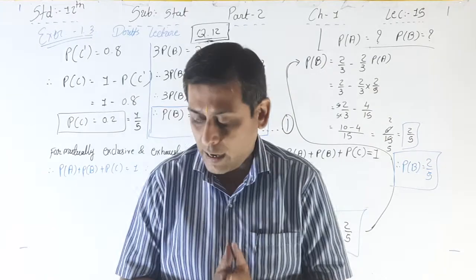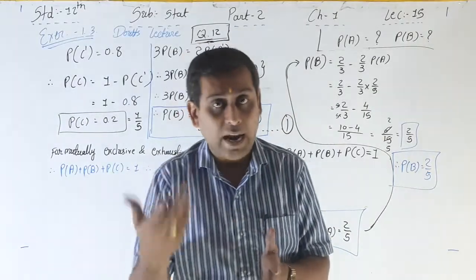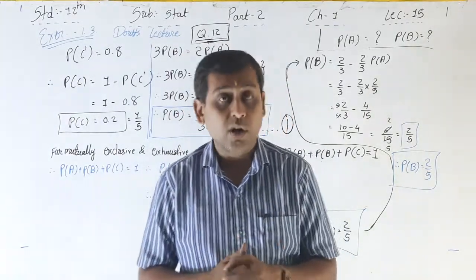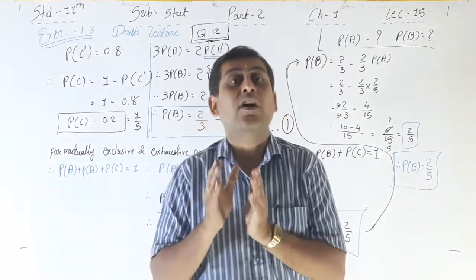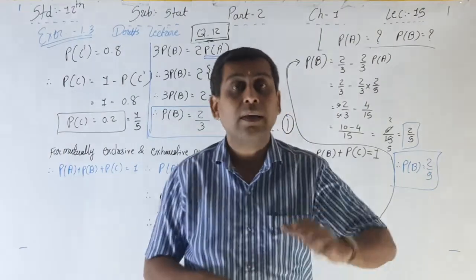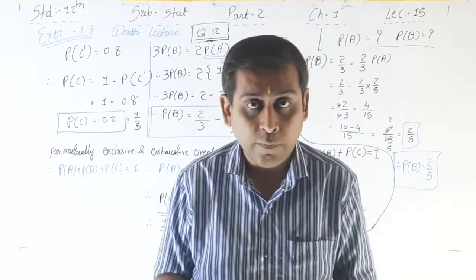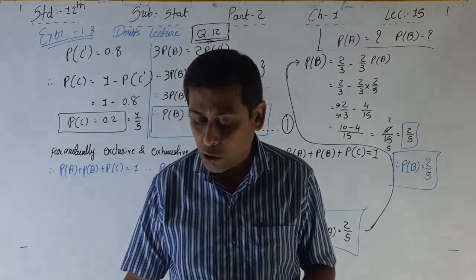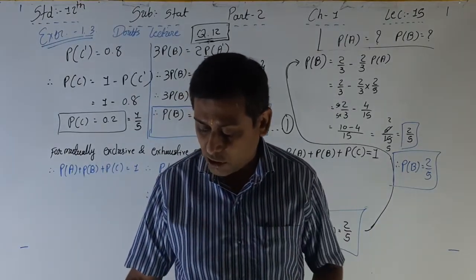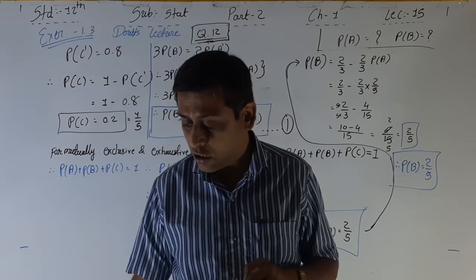There is no homework, only you have to complete this exercise, that is exercise 1.3 in your exercise book. And here I complete my lecture. In my next lecture we will cover the difficult main point of the probability chapter, that is conditional probability. In the next lecture I will explain pages 36, 37, 38 and 39.